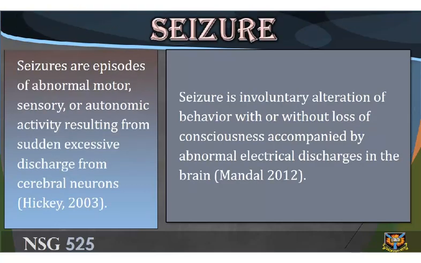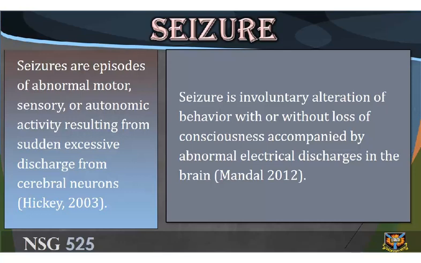Seizure. Seizures are episodes of abnormal motor, sensory, or autonomic activity resulting from sudden excessive discharge from cerebral neurons. Seizure is involuntary alteration of behavior with or without loss of consciousness, accompanied by abnormal electrical discharges in the brain.